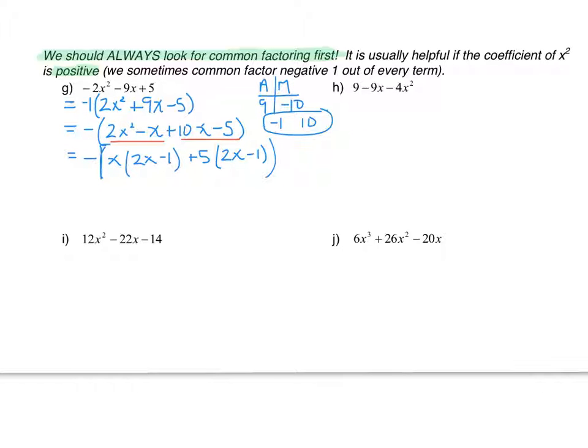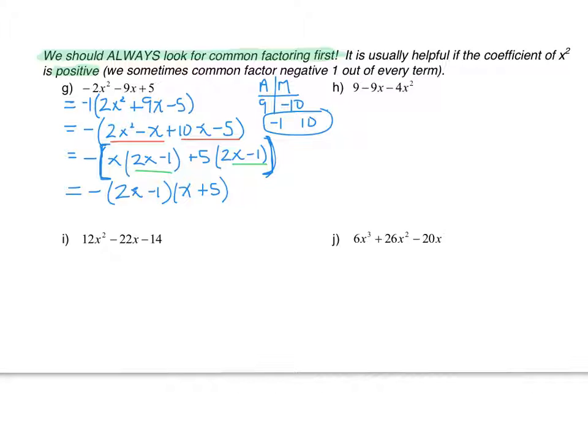Okay, now some people prefer to make these square brackets here, just so that they're not as confusing with the circular brackets. At this point, we have a 2x minus 1 for each of our terms here, so that can come out front. 2x minus 1, common factoring that, and the negative is just floating on down with this. The second set of brackets should be an x plus 5.